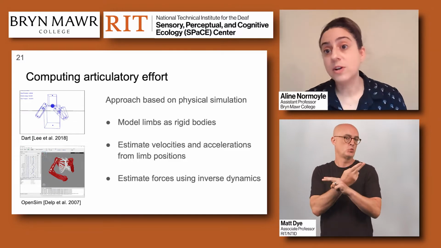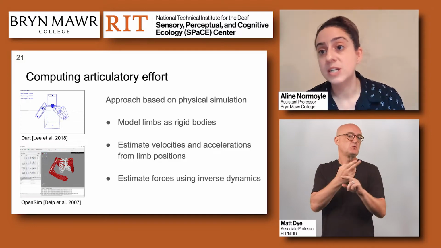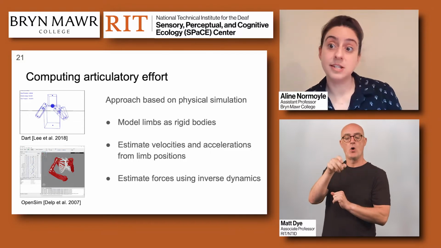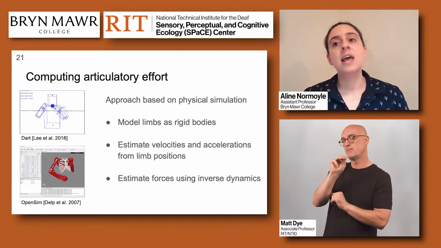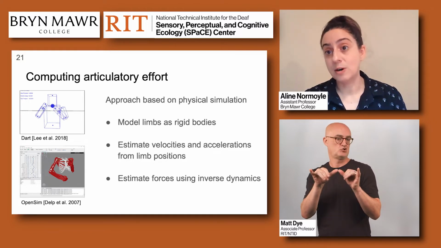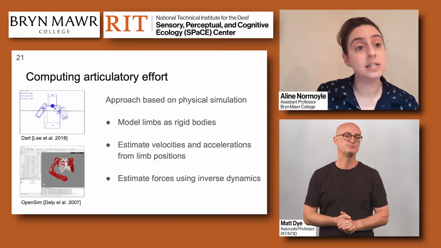And in fact, we're also working with a simulator called OpenSim, which in addition to doing the rigid body simulation for estimating articulatory efforts and energy, it also allows us to model the muscles of both arms. And so we can also study the muscle activations of different signs.